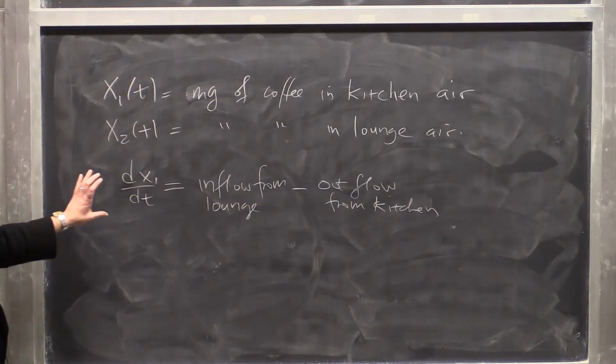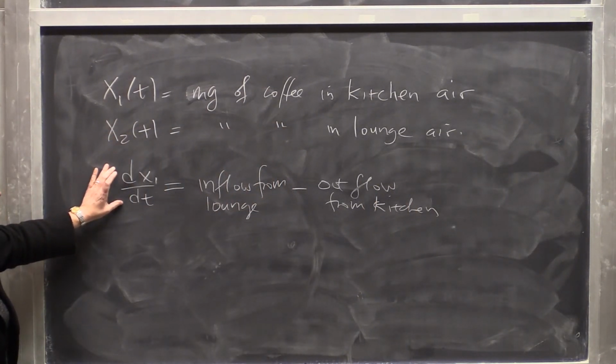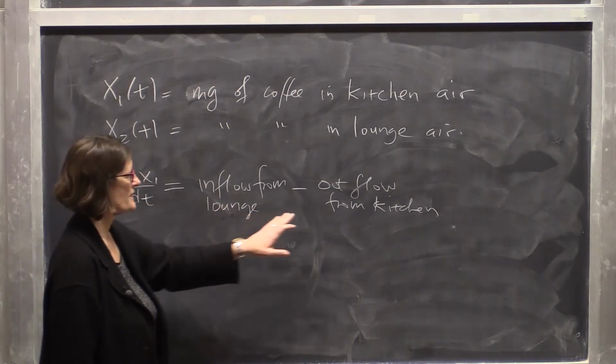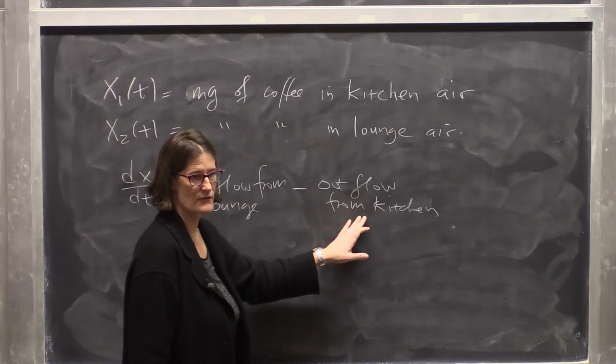So how does the amount of coffee in the kitchen change in time? Well, you're going to have some coffee coming in from the lounge, and you're going to have other coffee leaving from the kitchen.